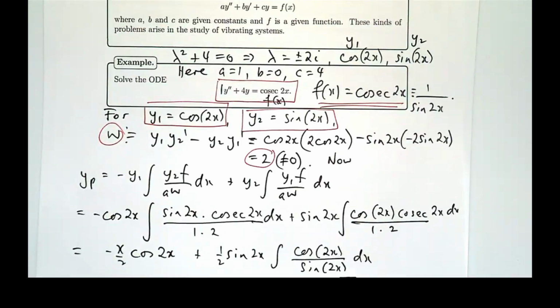But is there a strategy that we can do to knock that bottom integral over? It's the integral of cosine on sine. Yes. Oh, good try. So inverse tangent probably won't work, but it's good to try.